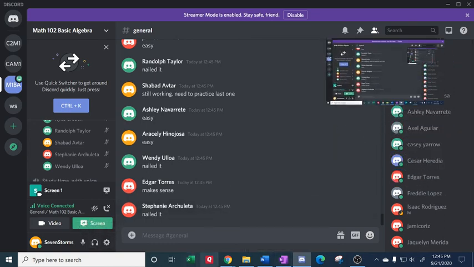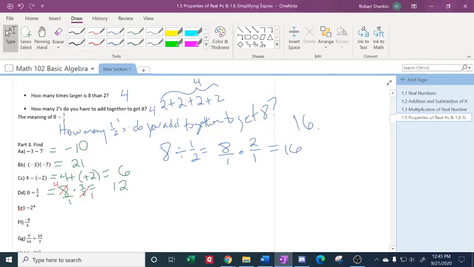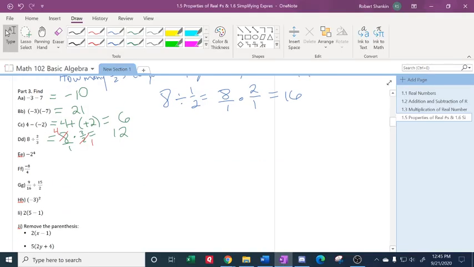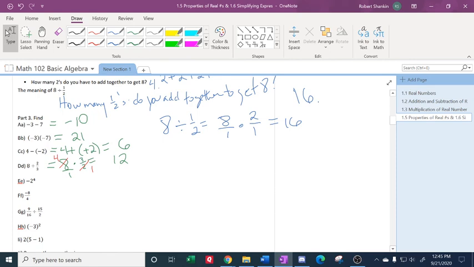Let's go back. All right. Do E through I. So there's 5 of them to do.